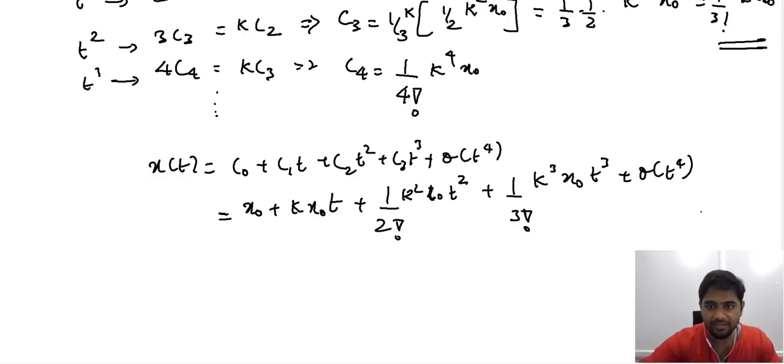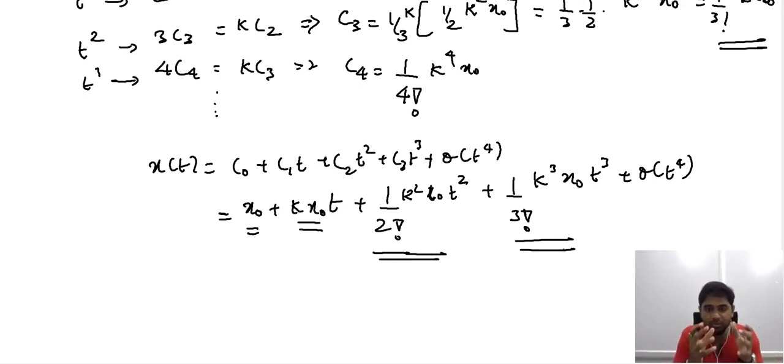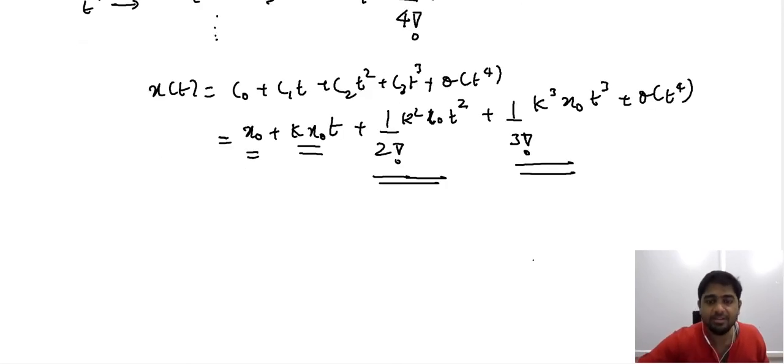All that we have done is substitute C0, C1, C2, and C3. These values we arrived at by relating the coefficients of the different expansions that we have considered. Ultimately, we can take the x0, the initial condition, out.